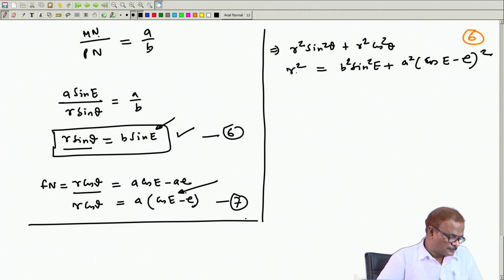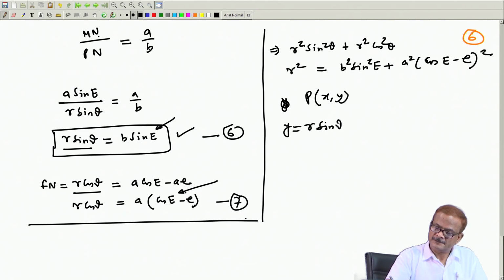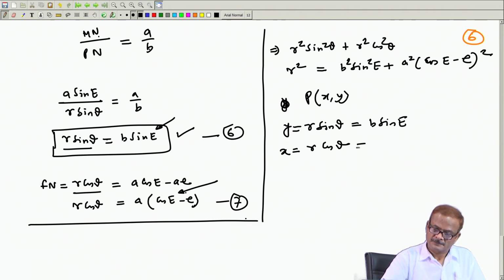Okay, a little bit of the coordinates also we will write, because we have done already so much. The coordinates of the point P, which are x and y: directly we can write y equal to r sin theta, and therefore this is nothing but b sin E, and similarly x equal to r cos theta, and r cos theta we have written as a times cos E minus e.